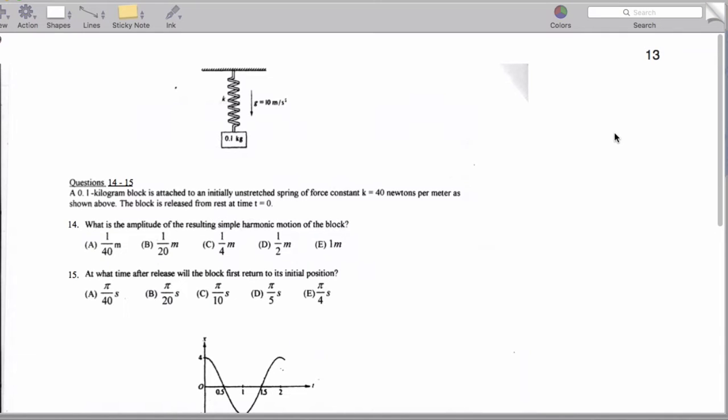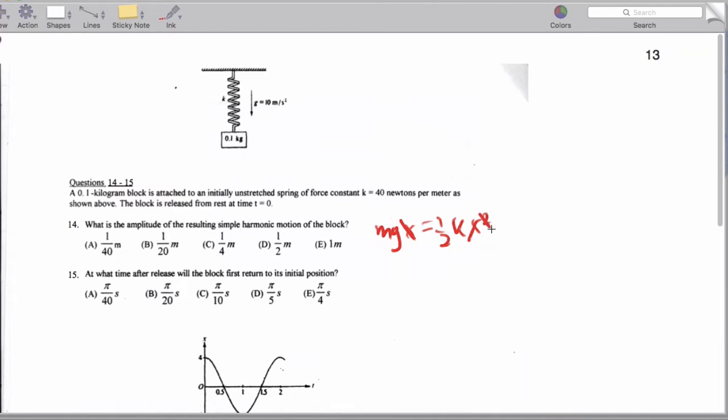Then number 14, we want to know the amplitude of the harmonic motion of this block. Here we're going to need to use conservation of energy. So this is going to be mgh, actually, so mgx equals 1/2 kx squared, because it'll descend and lose all of that energy, and it'll get converted into spring energy.